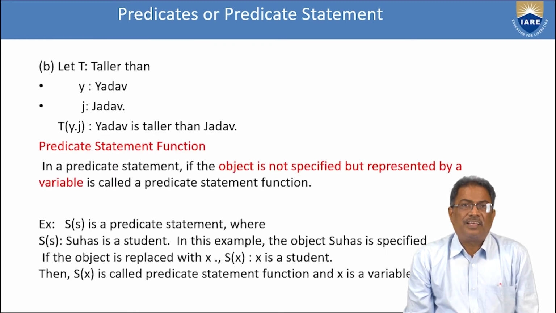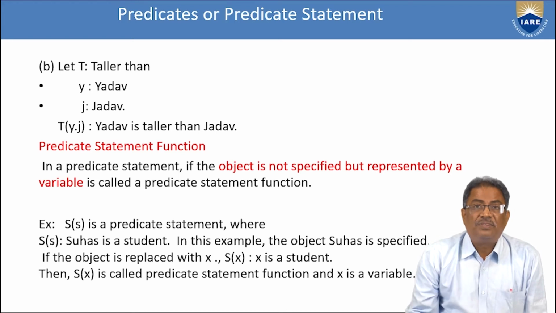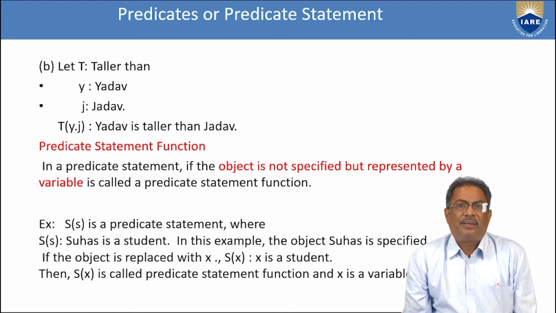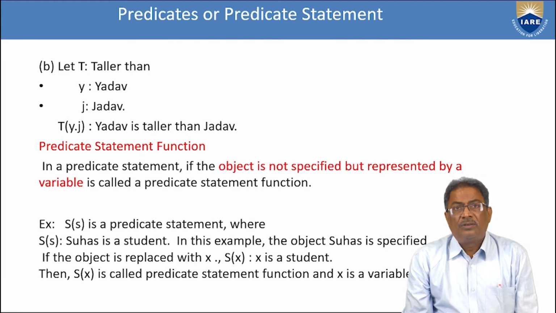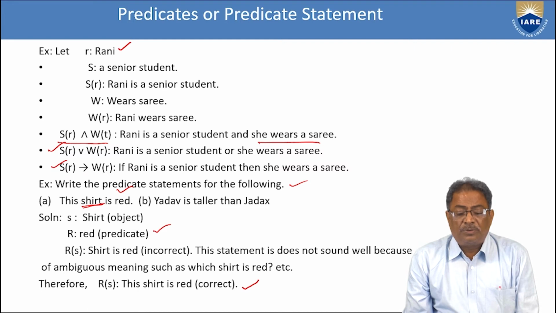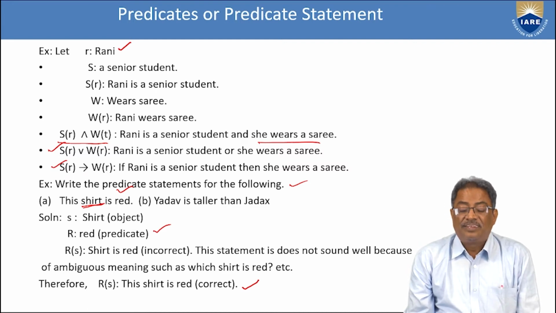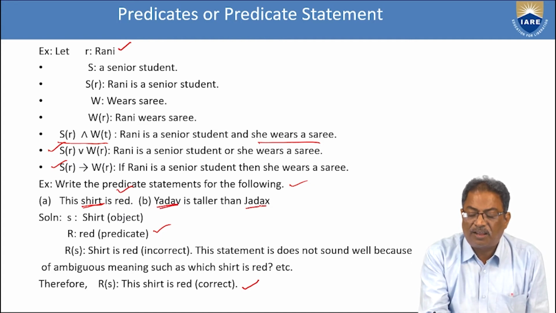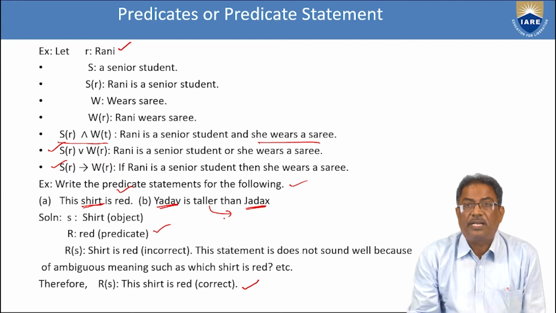And the next, taller than, is one predicate, which we represent with a capital letter. See here what is given: we have to say Yadav is taller than Jadav. This is one object, this is another object, and this indicates a predicate.